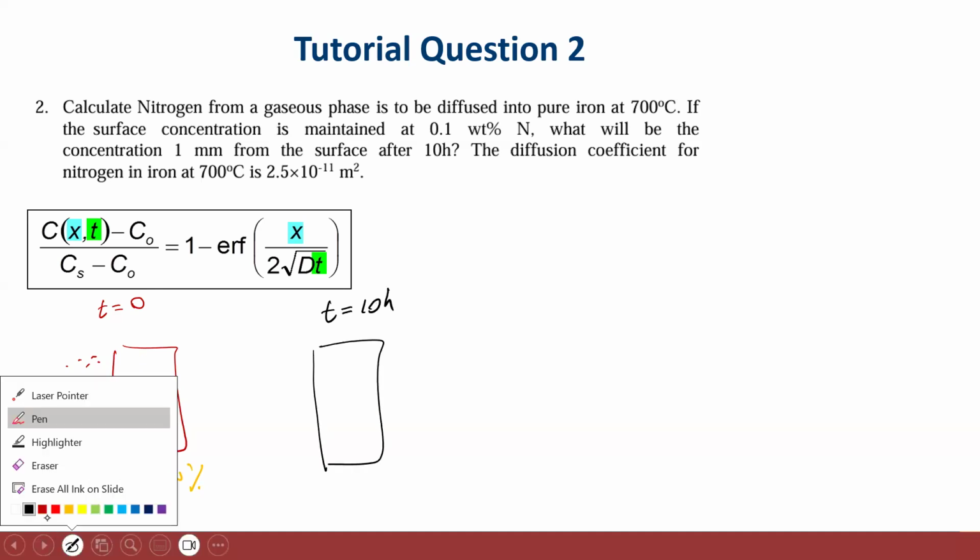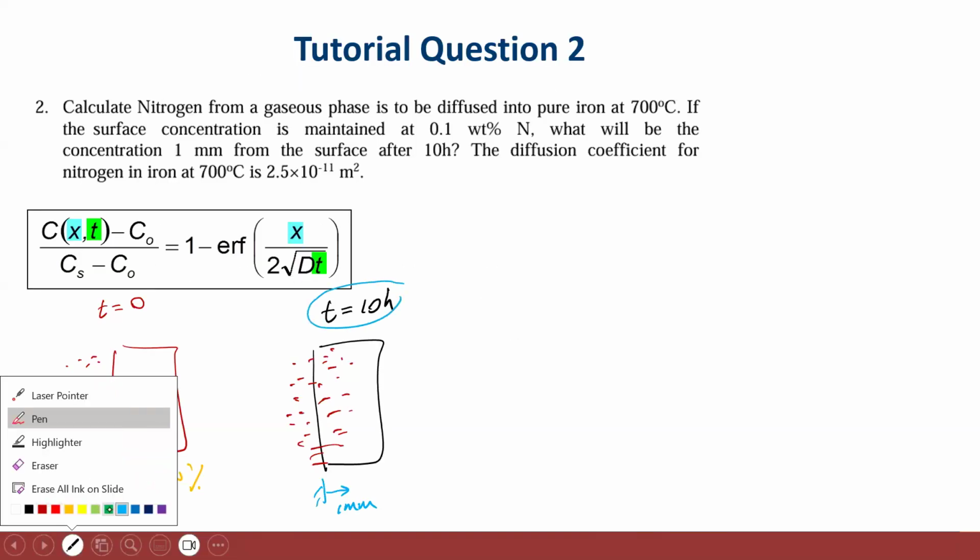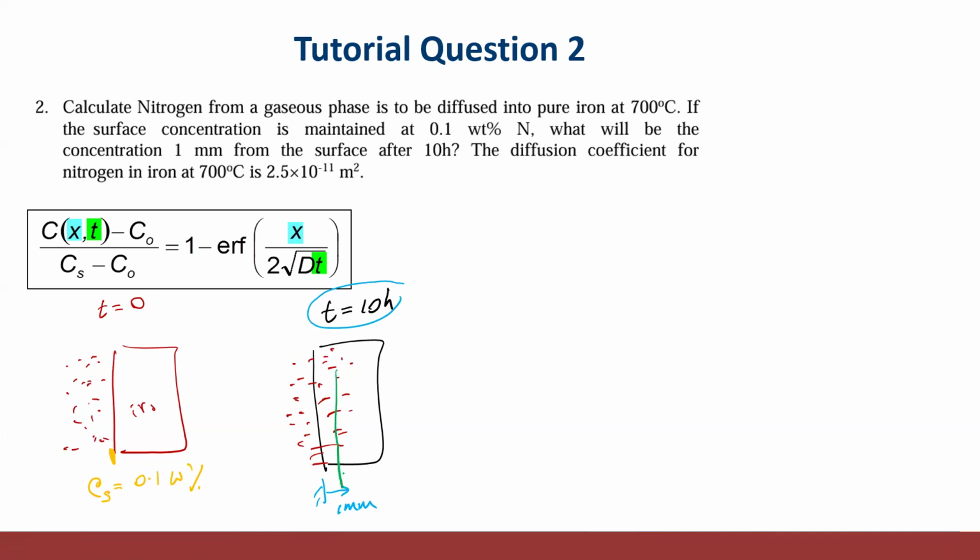And then they are saying at a time of 10 hours, now what is happening? This nitrogen will diffuse into the iron. So they are asking us to find, 1 millimeter from the surface, when the time equals 10 hours, the concentration at this point. Am I right?